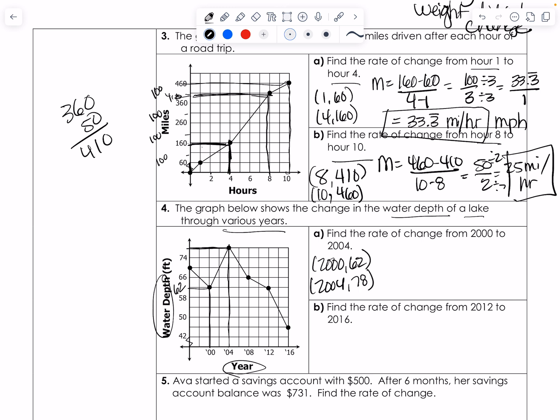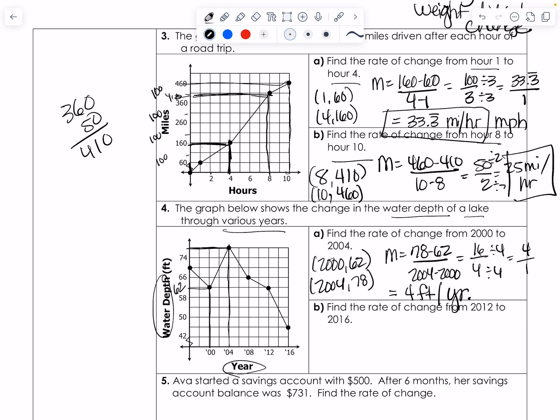And so then I take m equals 78 minus 62 over 2004 minus 2000, which gives me 16 over 4. Divide by 4 to get that unit rate, which gives me 4 over 1. So it is equal to 4 feet per year is the rate of change.